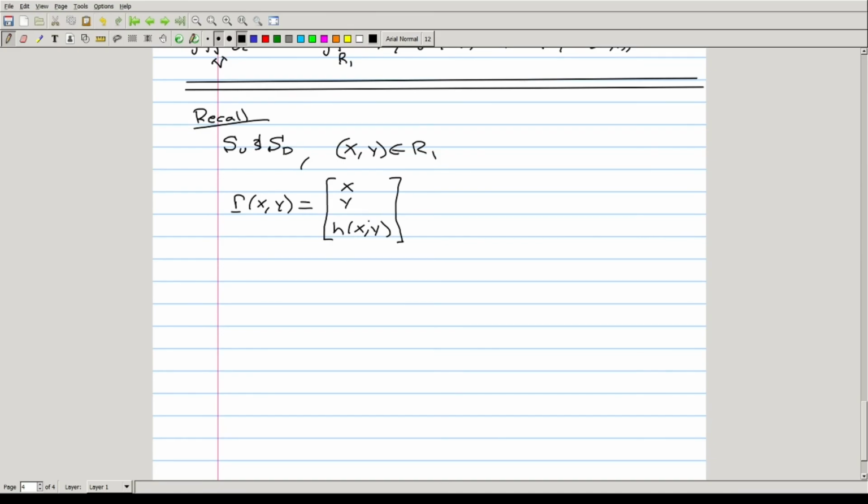In both cases the parameterizations take this form, which means the normal vector is going to be plus or minus r_x cross r_y, which we've shown a number of different times. For the graph of a function, this ends up being negative h_x, negative h_y, and then positive 1.